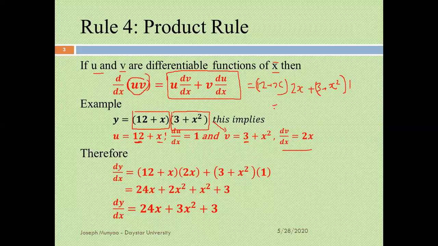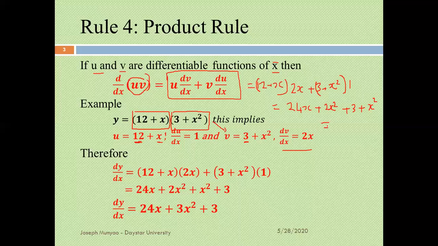So if you work it out, it will give you 24x plus 2x squared plus 3 plus x squared.